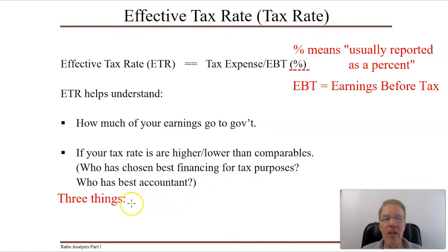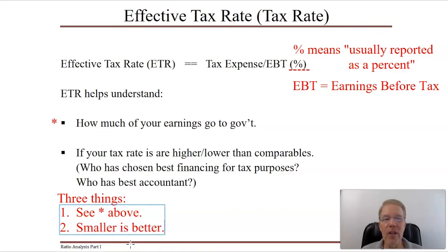Okay, so our three things. Number one is a star above. Let's just put a star up here because that's telling us what's important about that. And for number two, we have definitely smaller is better, right?